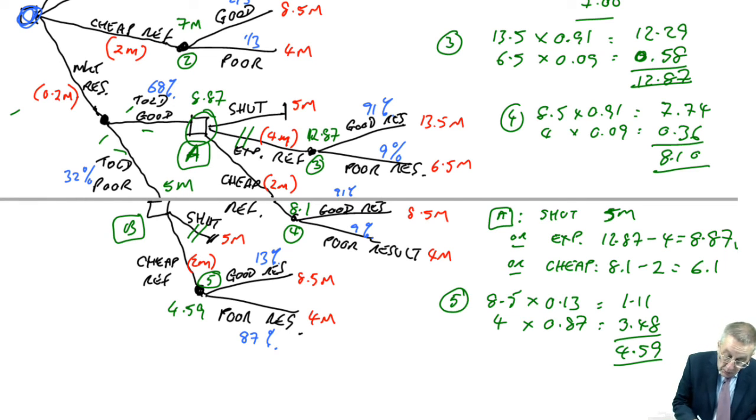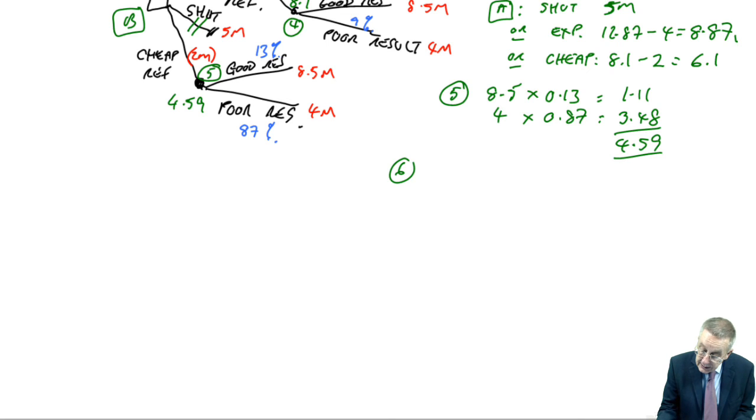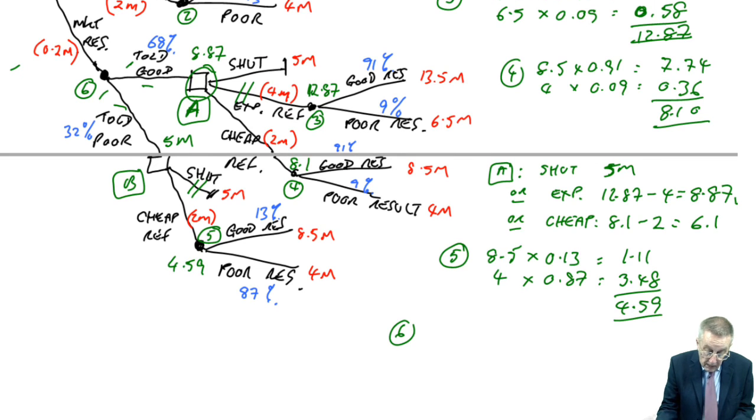So at point 6, if we do market research, they either tell us it's good and we get 8.87, or they tell us it's poor and we'd be shutting, so we get 5. And the probabilities, they tell us it's good is 0.68, they tell us it's bad is 0.32.